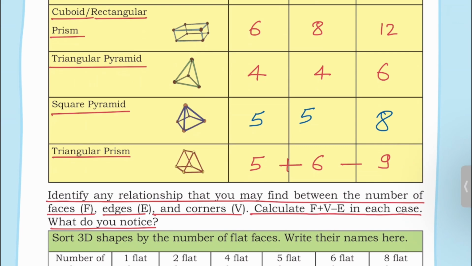That means when you add the number of faces and the number of vertices or corners and subtract the number of edges, the result is 2.